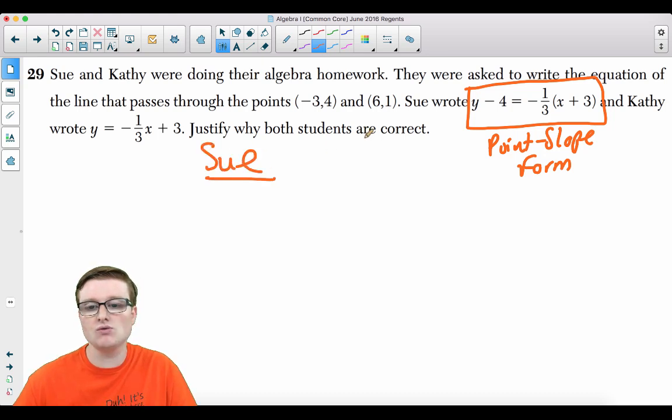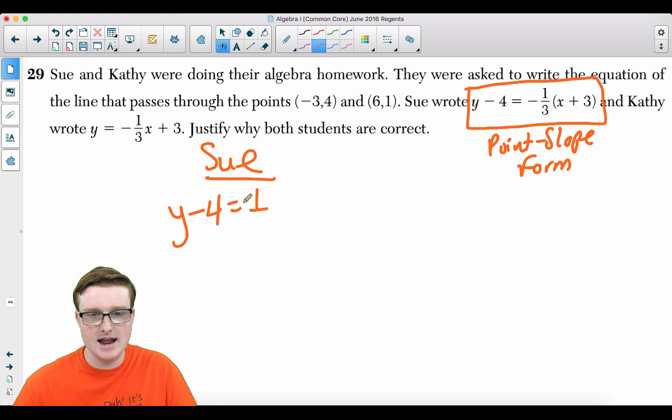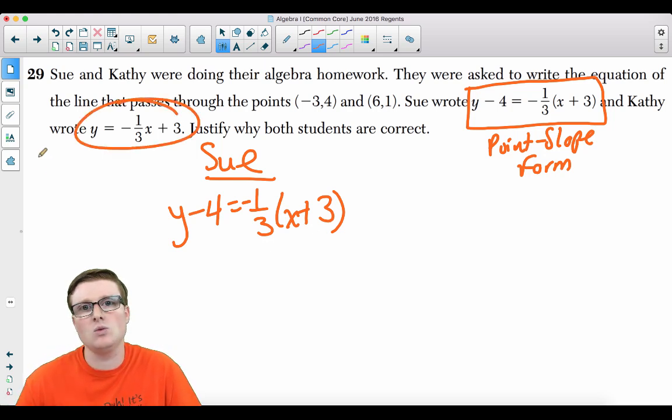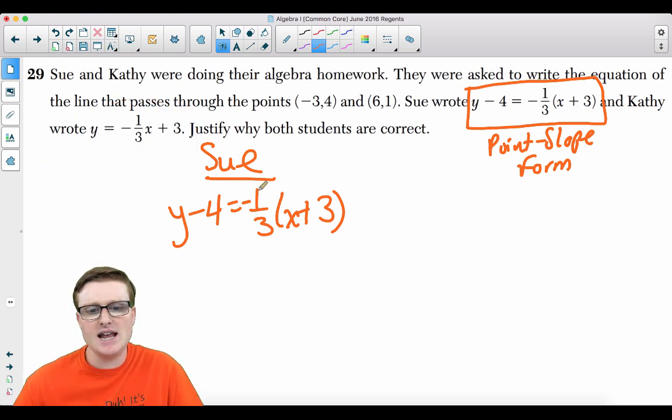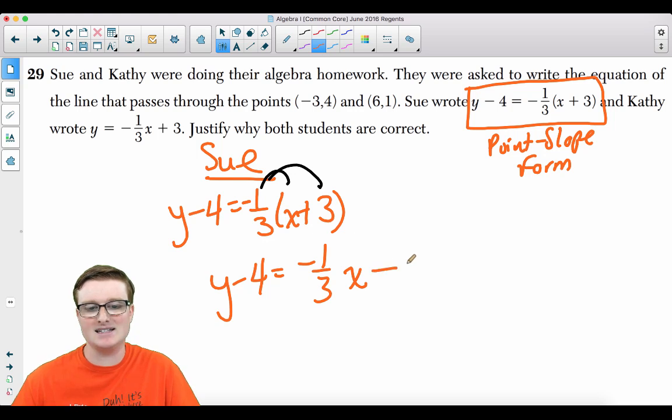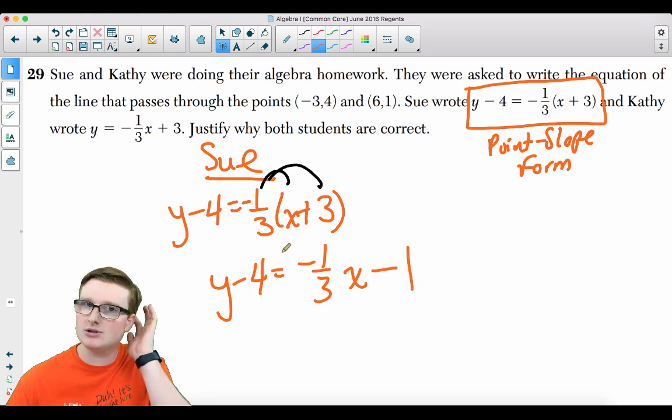So Sue wrote this equation. Y minus 4 equals negative 1/3 times x plus 3. What if we make Sue's function look like this? We could do that by just taking that negative 1/3 and distributing inwards. So we get y minus 4 equals negative 1/3 x minus 1, because negative 1/3 times 3 is just negative 1.